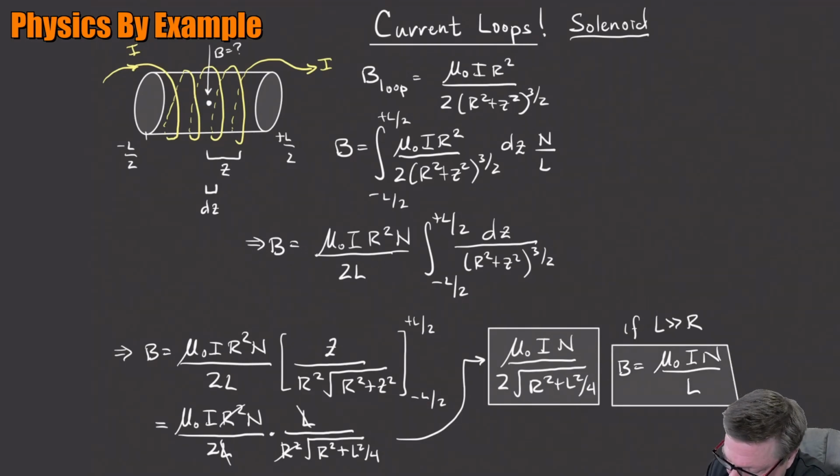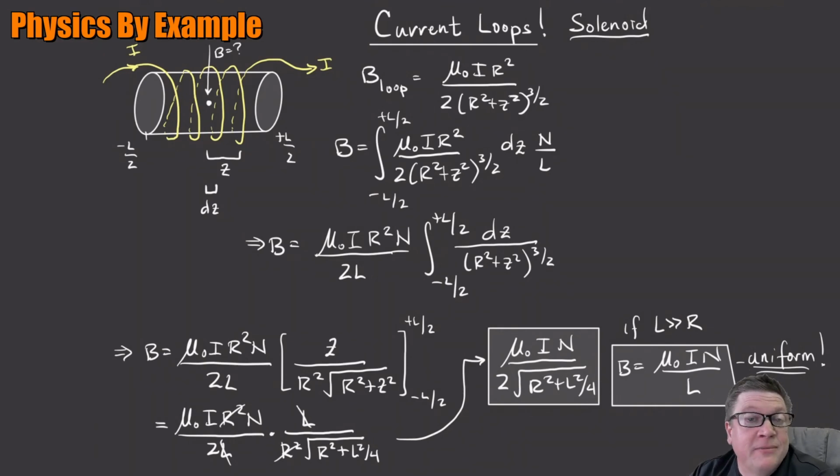And the takeaway is that this is a uniform magnetic field. It's not changing, right? It's just a constant. N, L, I, mu naught, those are all just constants. So the magnetic field there at the center, if it's a long solenoid, is a uniform magnetic field everywhere in the solenoid, right?